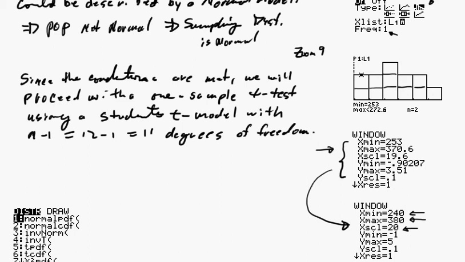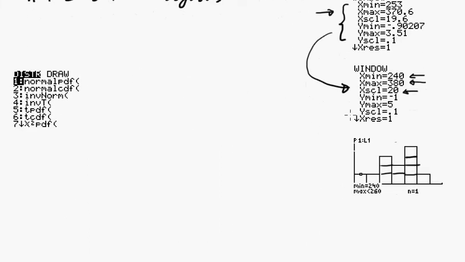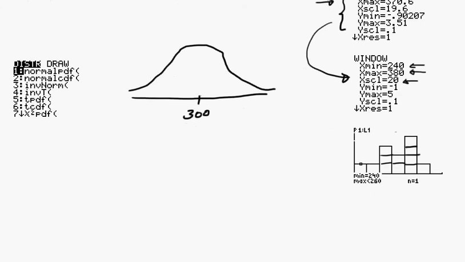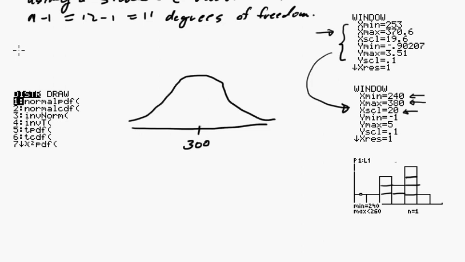Alright, so now let's not mess around too much. So we have this model. The center we hypothesized was 300. So what's the standard deviation? Well, we'll have to approximate that with the standard error of x bar.